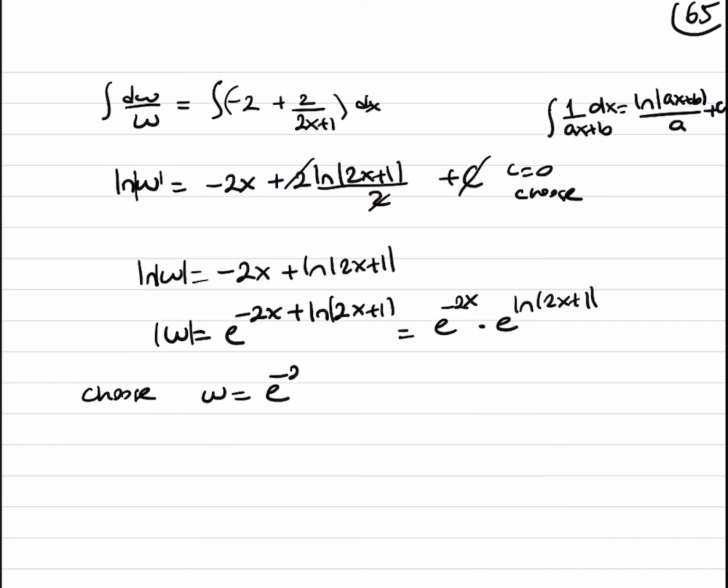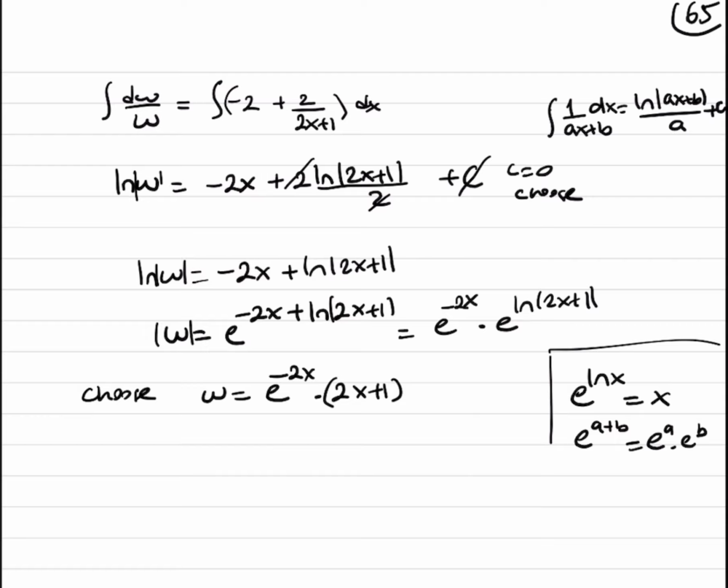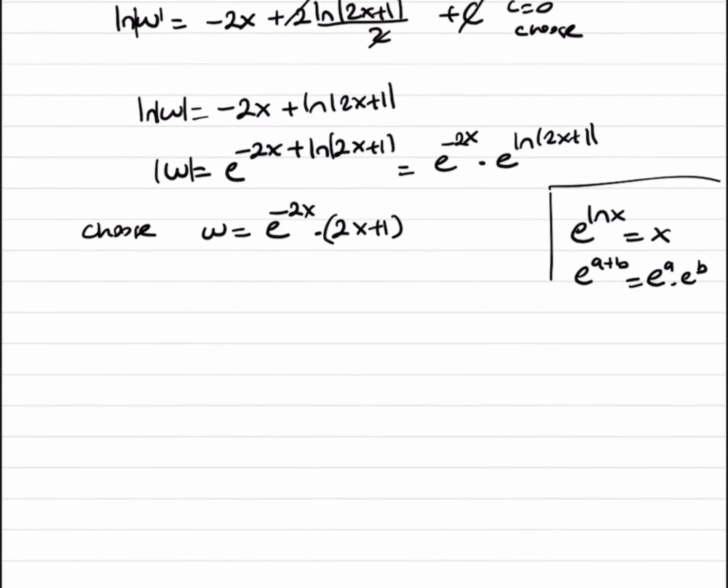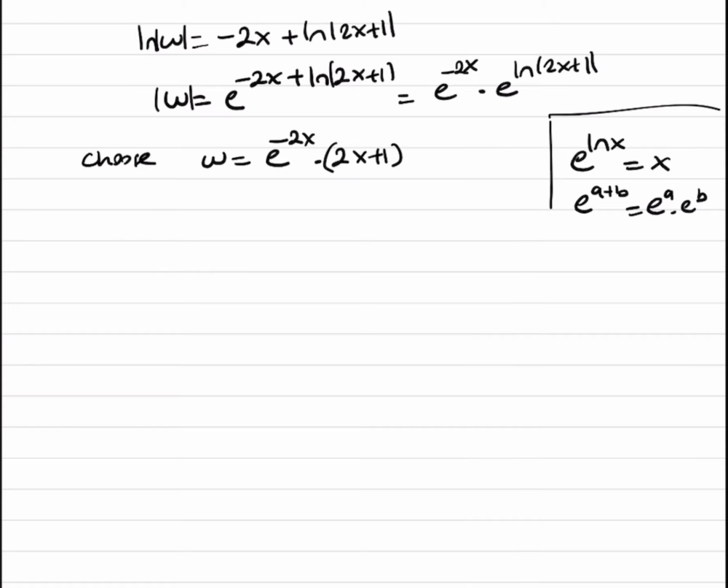So we have e to the power minus 2x times 2x plus 1. If you have e to the power ln x, the rule is this is equal to x, and if you have a plus b, we can write it as e to the power a times e to the power b. So I use those rules. So now we know what W is.